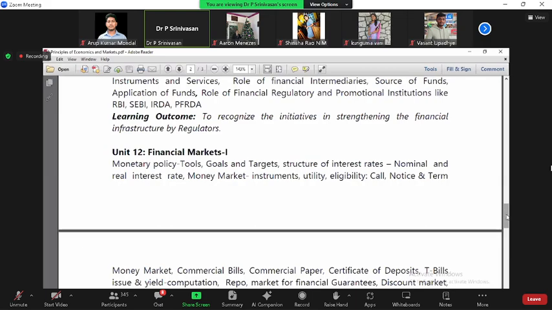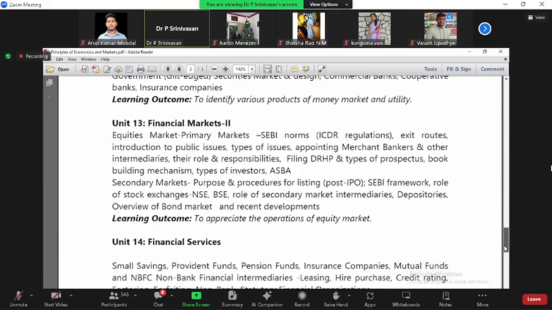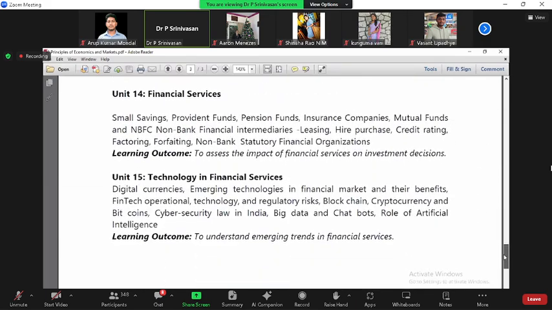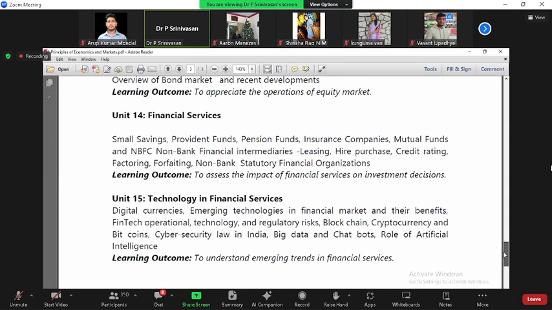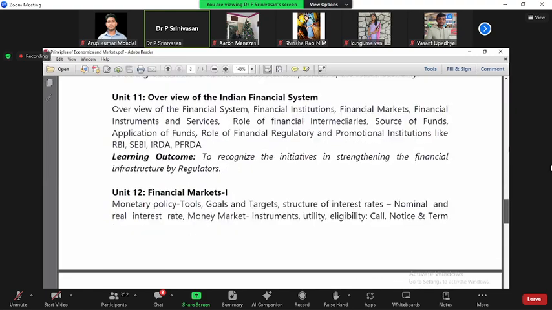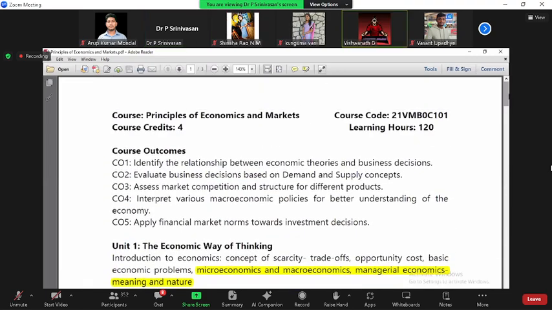So the last 5 units are about financial markets and services. Of course, in the last units we touch upon crypto and AI, just a touch. So this is about the course plan or syllabus, whatever it is.